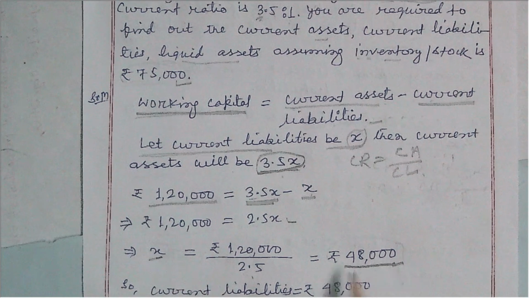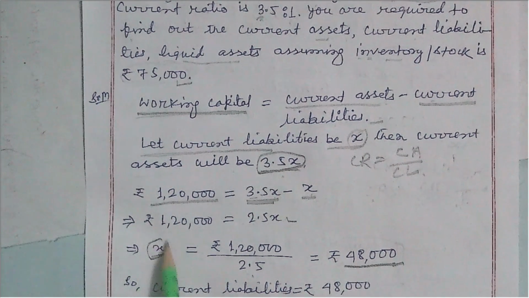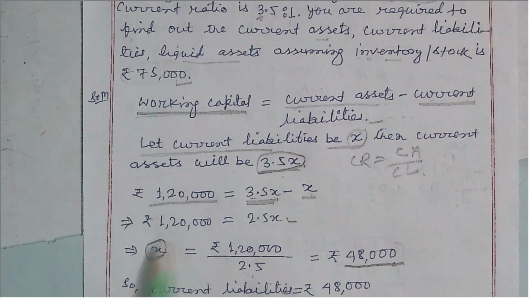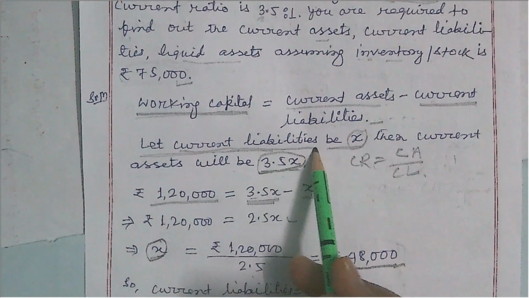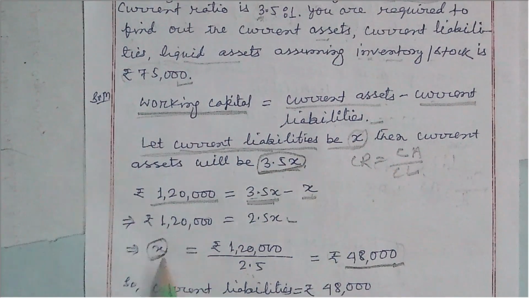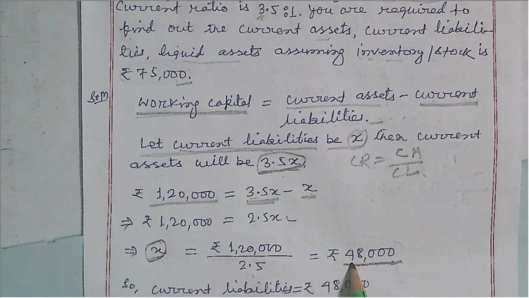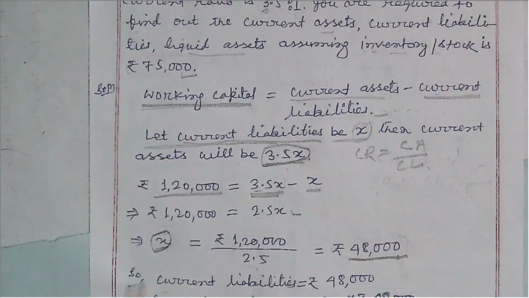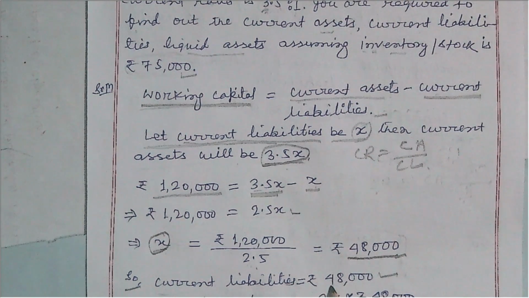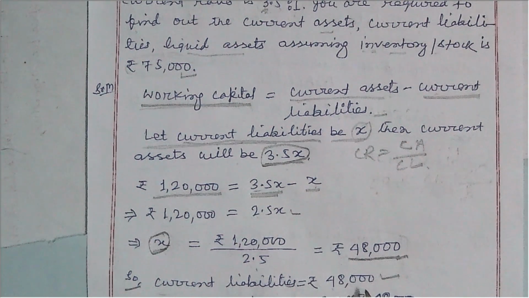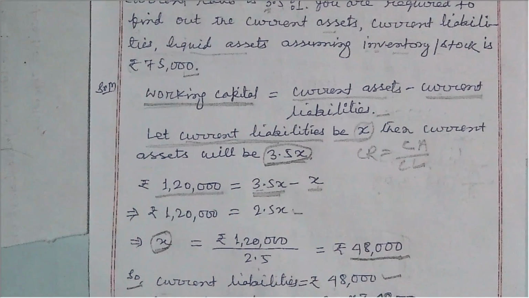Now this 48,000 is the value of x, and x is the current liabilities. So current liabilities value is 48,000. When current liabilities are 48,000, current assets are 3.5 times current liabilities.